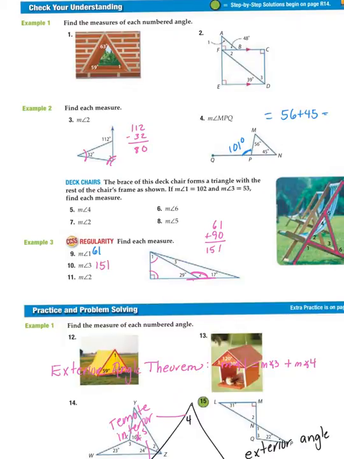Whoops. They flip-flopped that on us, didn't they? So 151 for angle 2. My exterior angle is equal to the sum of the two remote interior angles. So 29 was adjacent. So within that triangle right there, the 90 and angle 1 are my two remote interiors.